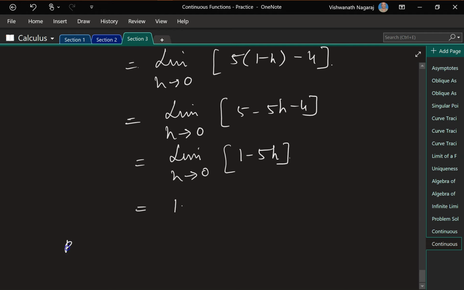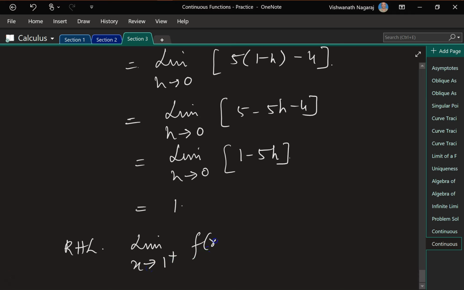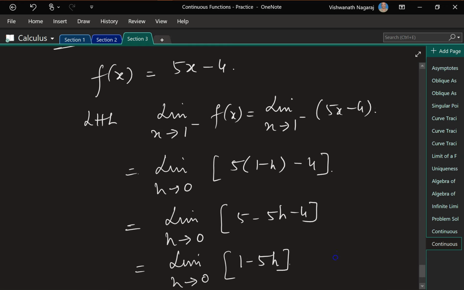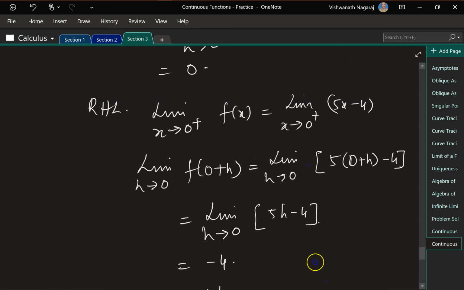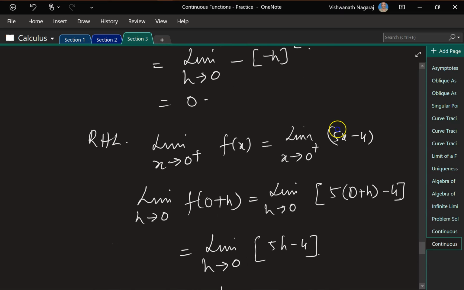Now let's look at RHL. Limit as x approaches 1 from the right hand side of f of x. Now right of 1 means it is greater than 1. Greater than 1 means 4x square minus 3x.